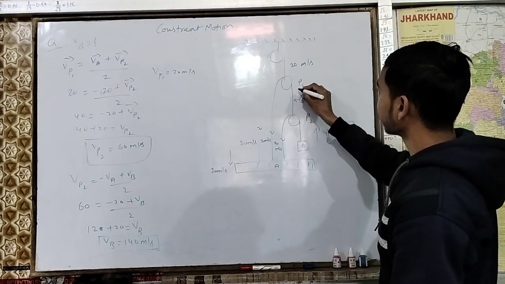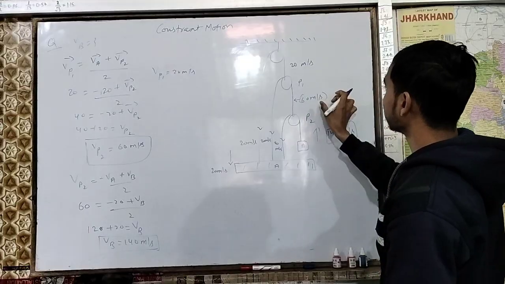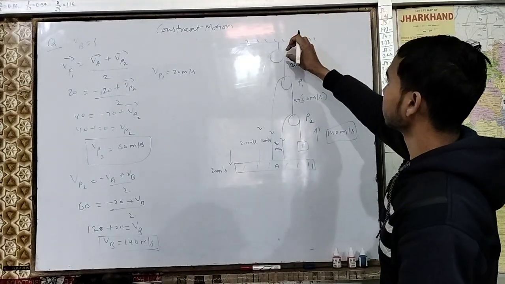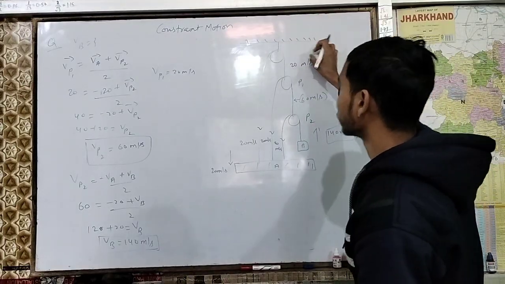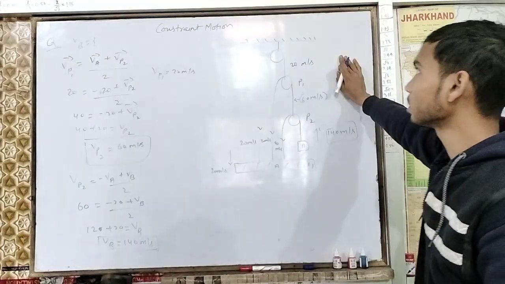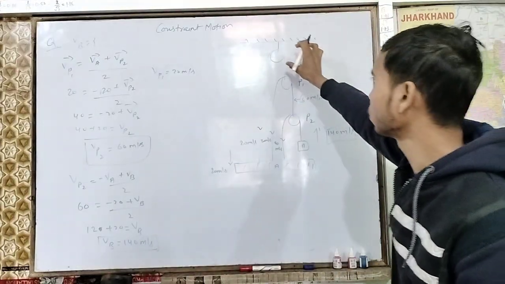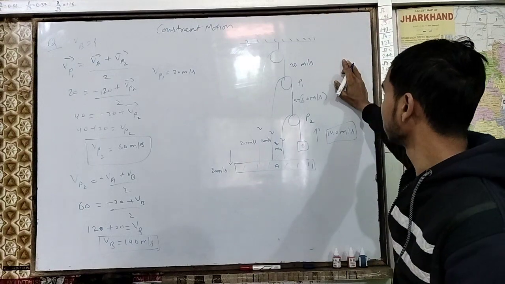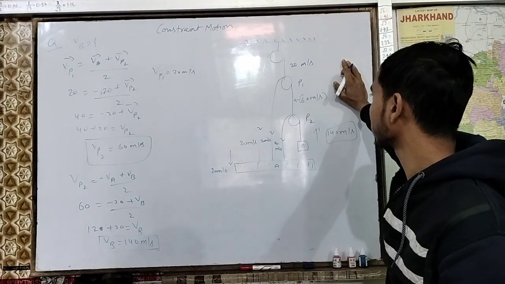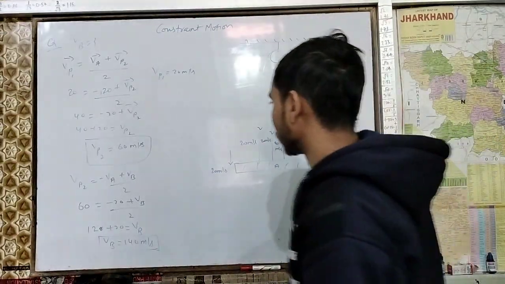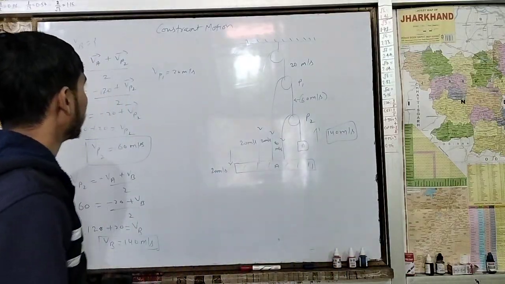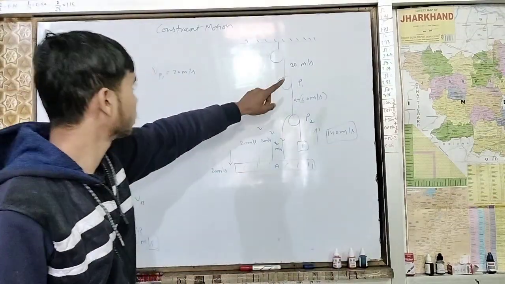At the same time, this P1 is moving with 60 meter per second, and this first pulley, which is fixed by something, is not moving at all. Clear. So that is how we found Vp1.